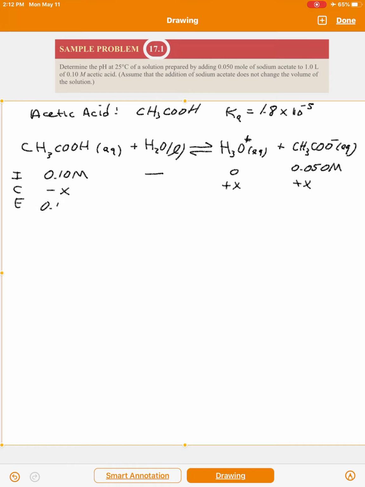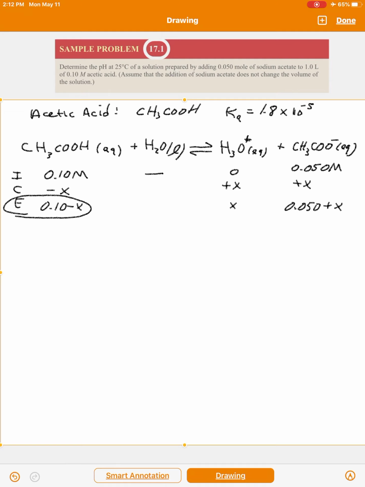So then at equilibrium, we have 0.10 minus x, we have x, and we have 0.05 plus x. Again, these are equilibrium concentrations. What differs in this problem is it's 0.05 plus x, not just x.